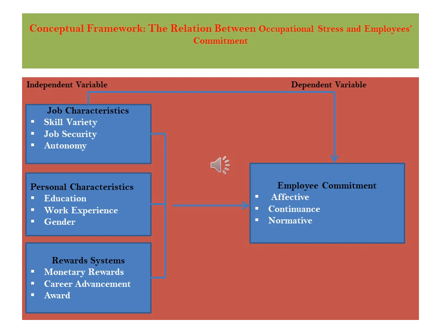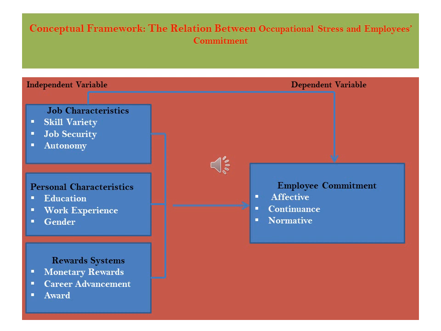Because job characteristics can be as many as, say, 20, but realistically, it's not possible to study all the possible job characteristics that exist in any study. So you pick a few that you intend to focus on to give you a picture of how job characteristics affect employee commitment. In our case, therefore, we have skill variety, job security, and autonomy. These are therefore the attributes of job characteristics that we intend to examine in this study.